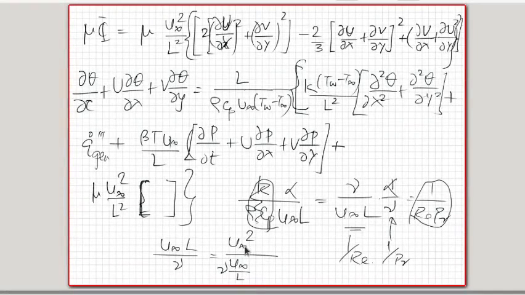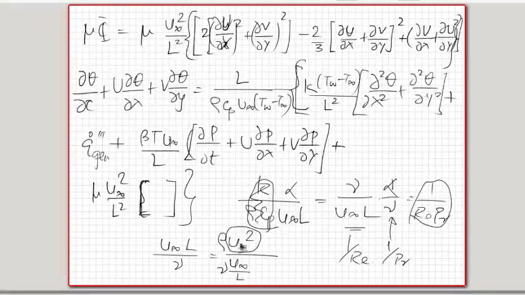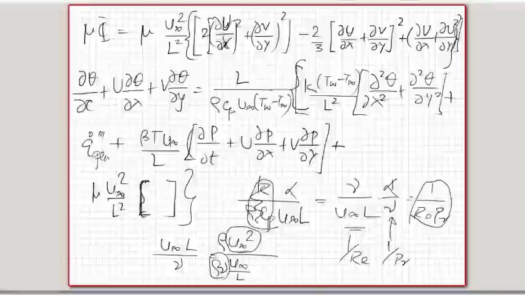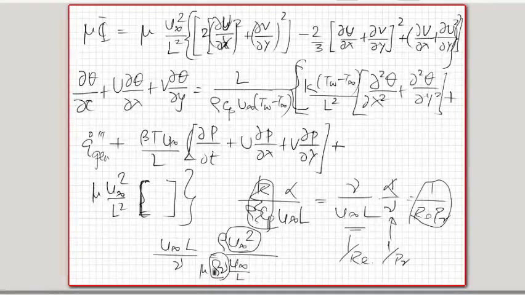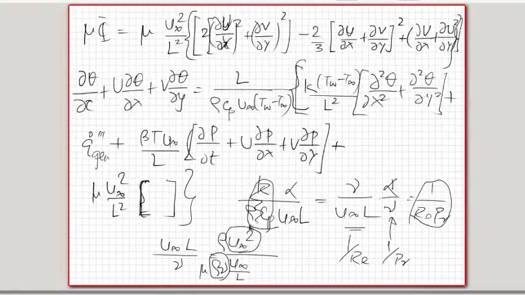If I want to write rho U infinity square, there is a rho nu, and this rho nu will become mu. Rho U is the mass flow rate per unit area, multiplied by U infinity, so this is a momentum. So this term stands for the inertia of the flow.